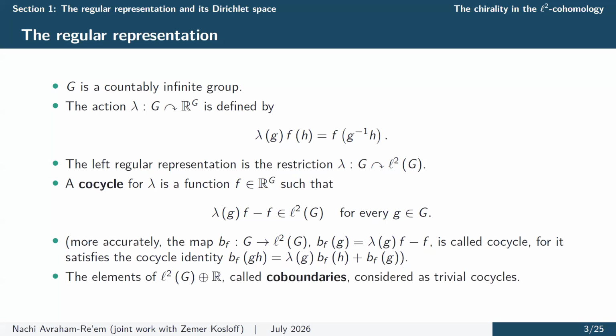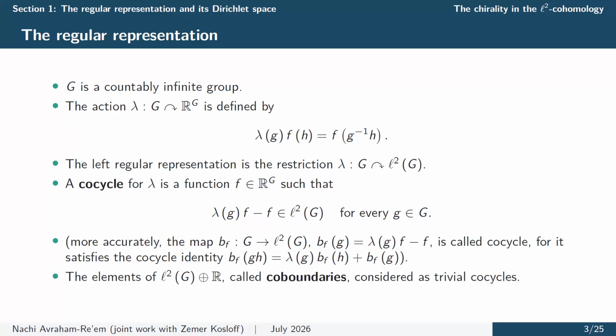Now we have trivial cocycles. We have two sources of triviality. The first is L2 of G. In case the function f itself is square summable, then of course translating it is square summable, and taking the difference of two square summable functions is square summable, so it's obviously a cocycle. Also, if f is constant, then of course translating it and comparing it to the original function just gives the zero function.